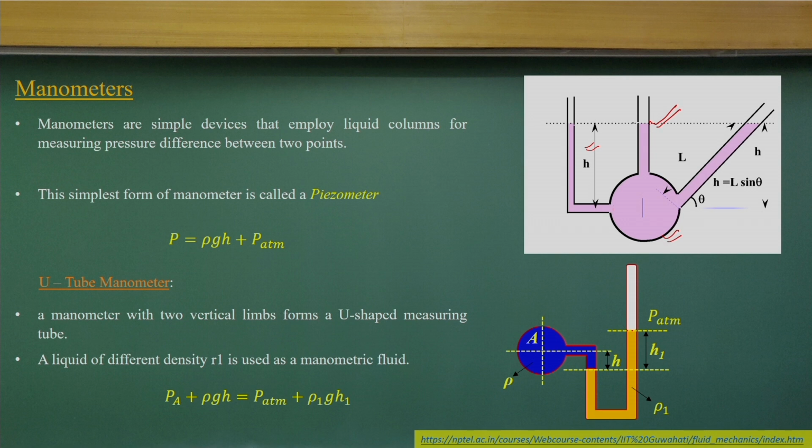For example, the manometer is a simple device that uses liquid columns to measure pressure between two points. In this case we are measuring the pressure in the conduit, the pipe, using a simple manometer, or liquid column. The simplest form is a piezometer. The pressure at this point is P atmospheric.